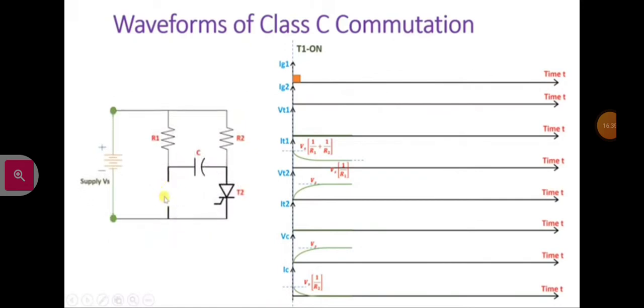So now this thyristor T1 is turned off, and initially the capacitor voltage is plus minus like this, that one can see. Now the current passing through T2 will be in two loops. One is Vs to R2 to T2, and the second is Vs to R1 to C to T2, right?